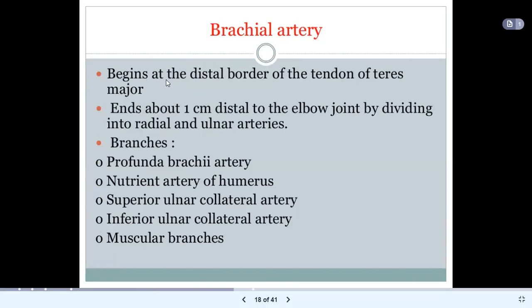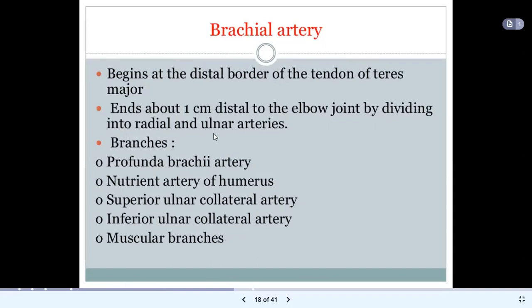So the brachial artery begins at the distal border of the tendon of teres major, and then it ends about 1 cm distal to the elbow joint by dividing into radial and ulnar arteries.